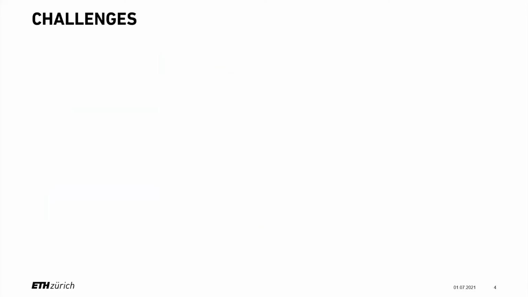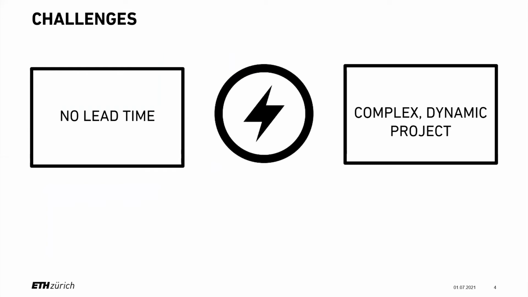Like every good story, we had some challenges to overcome for the communications. The two big ones were that we had almost no lead time, and it was a very complex and dynamic project. Corona is always a minefield. We had so many different people, and most of us hadn't seen each other in real life, which makes it a little harder to communicate and work together.